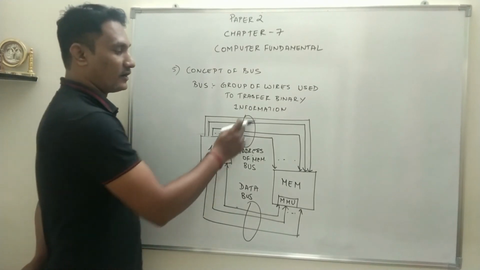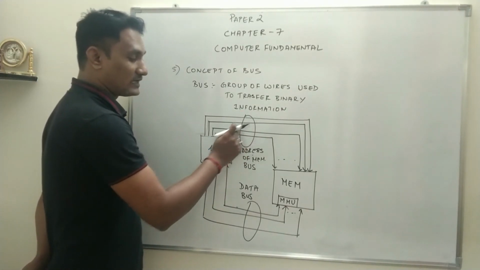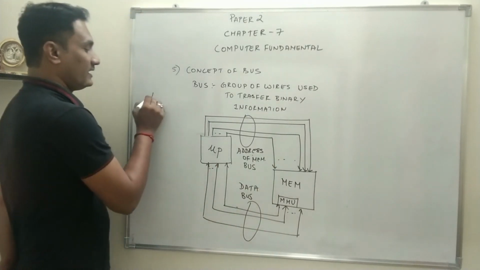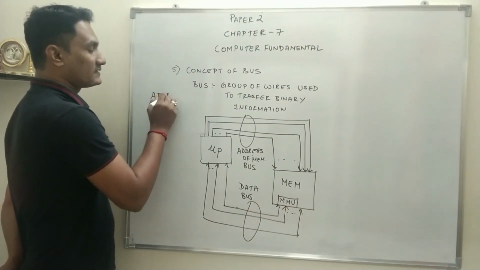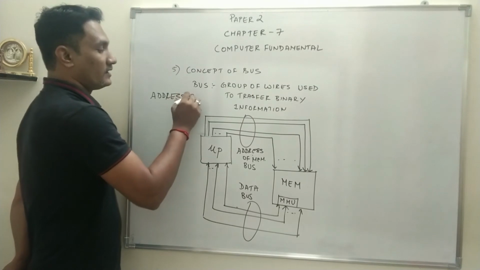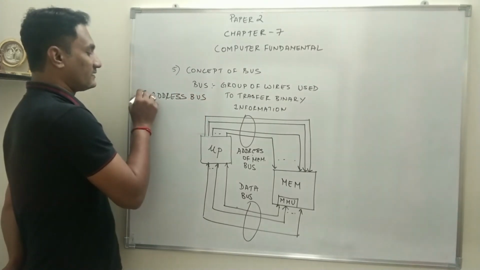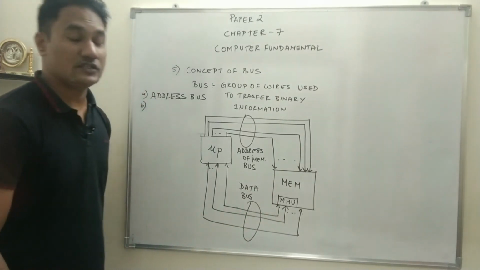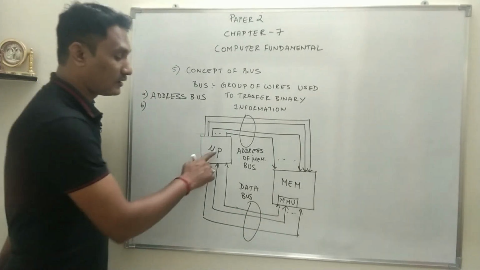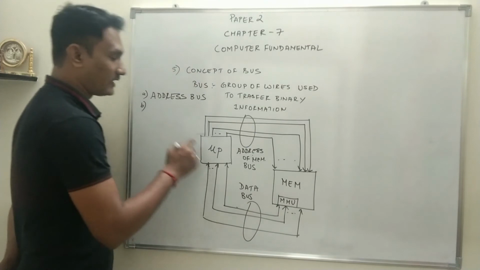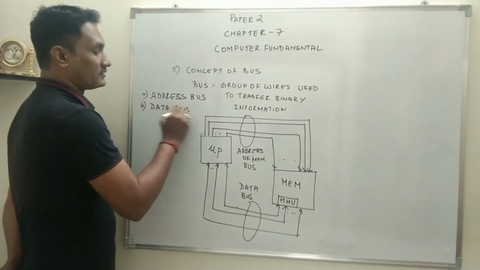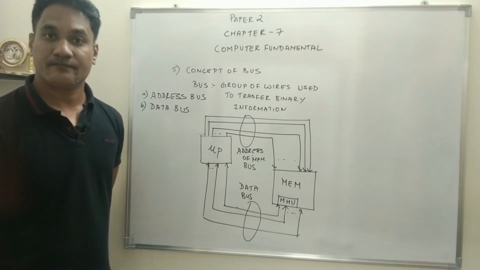So we say a group of wires used to transfer address from microprocessor to memory is called as address bus. That is A. B, a group of wires which is used to transfer data from microprocessor to memory and memory to microprocessor, it is called as data bus.